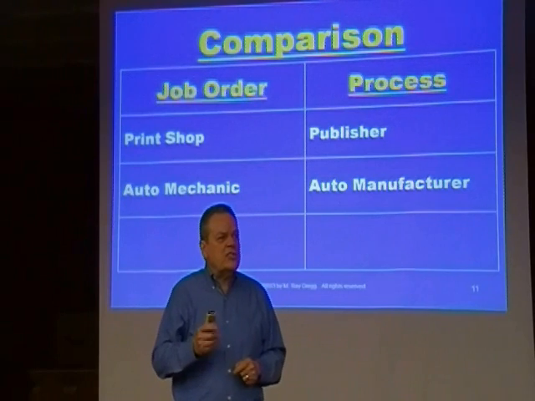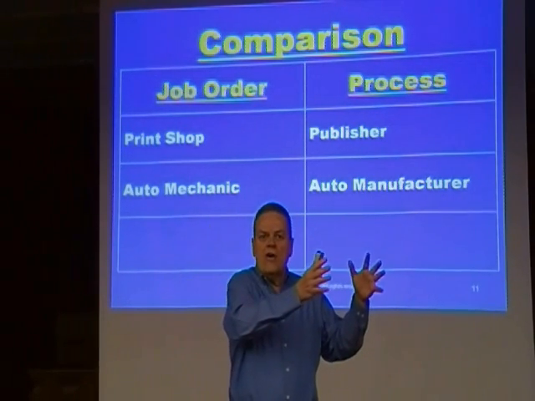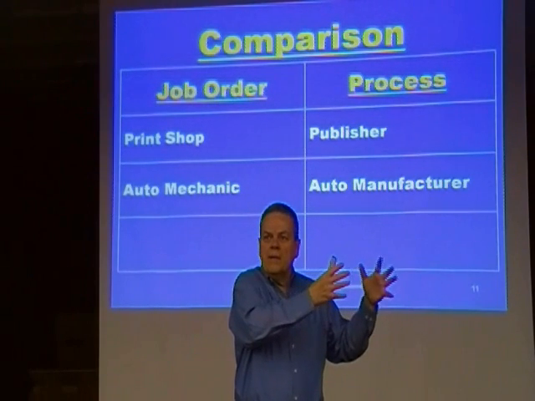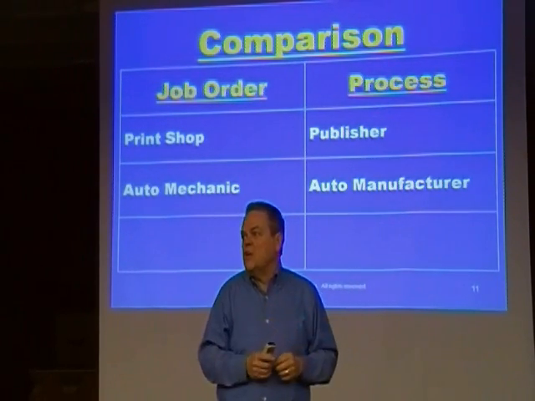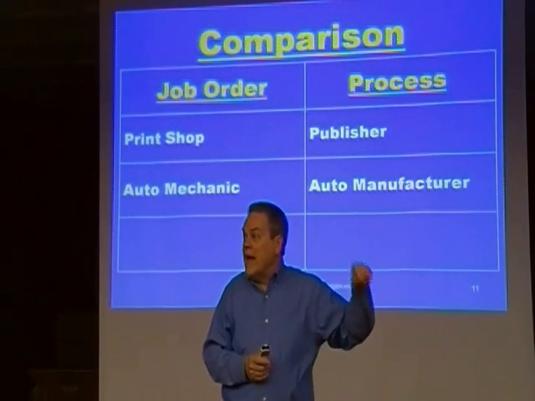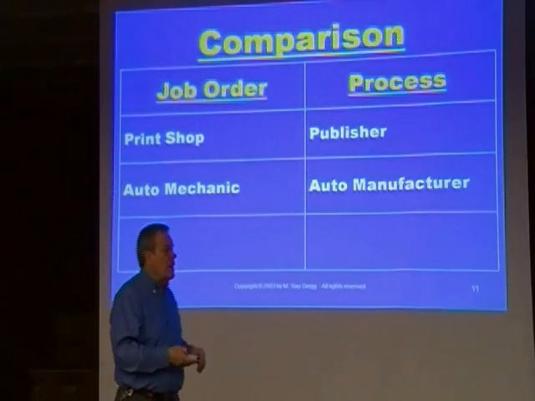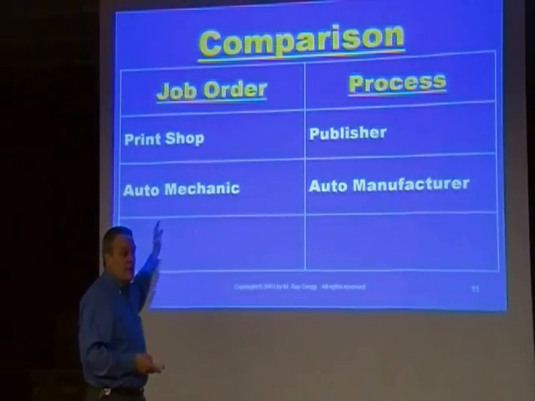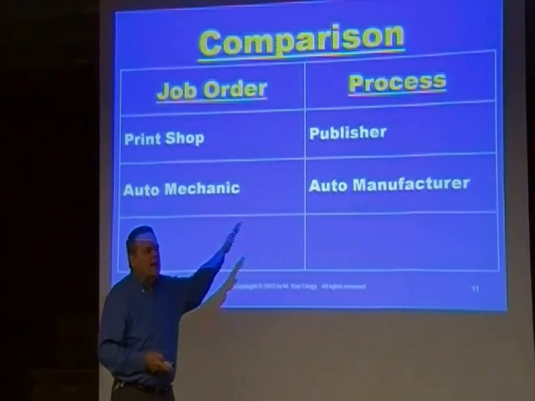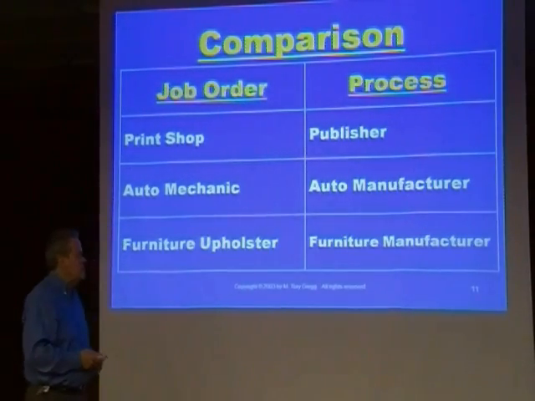The only exception might be that near the end of the assembly line, that car, that truck, might become a little more unique by some specific equipment that it had on it. And we could add those on to the process cost that we developed all down the assembly line. So the parallel I'm drawing here is these are both automobile related, but one would use job order and the other would use process costing.